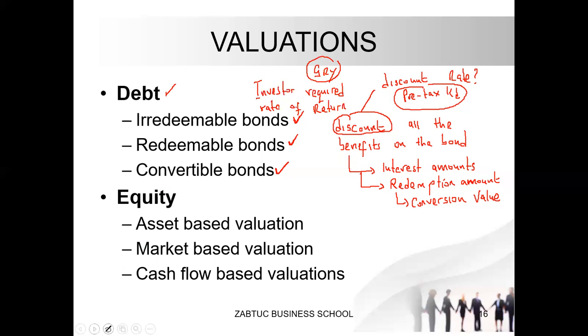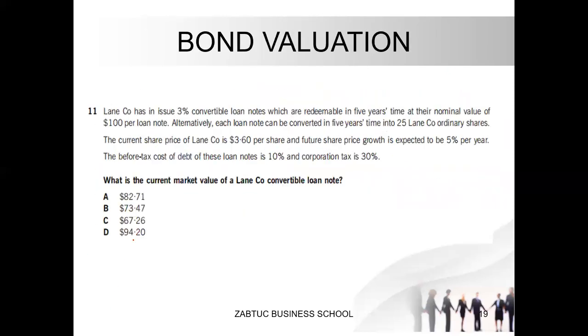So with that in mind, a question here. What is the current market value of Land company's convertible loan notes? Land company has an issue of 3% convertible loan notes, that's the coupon, redeemable in 5 years at the nominal value of 100.